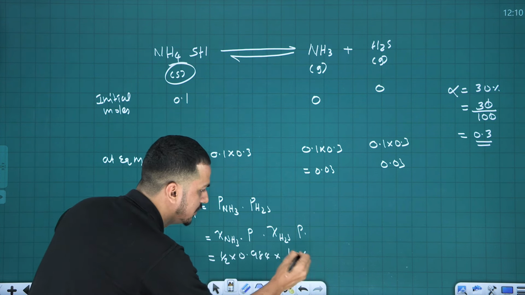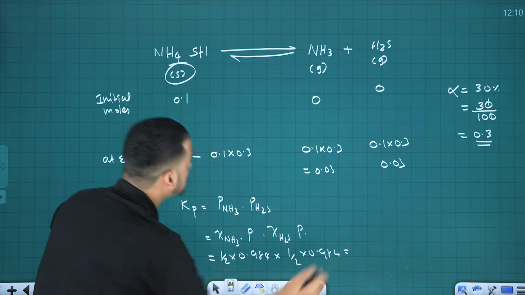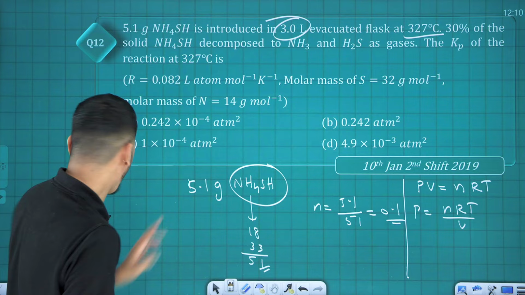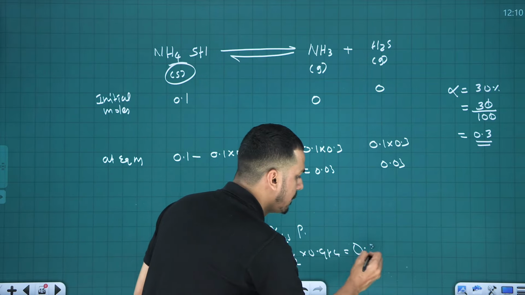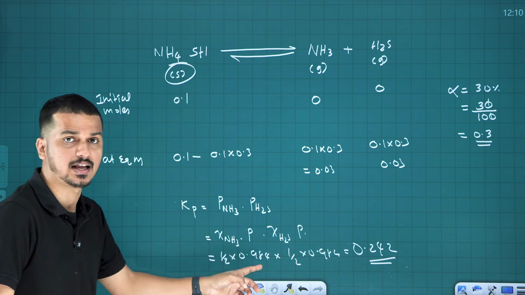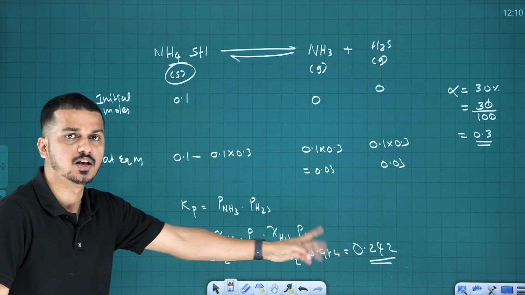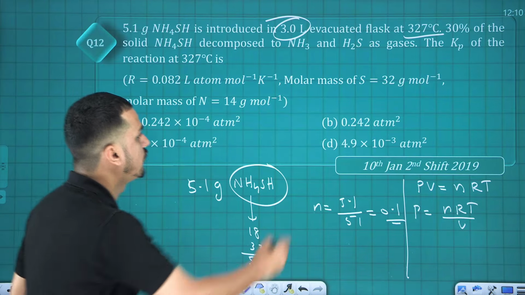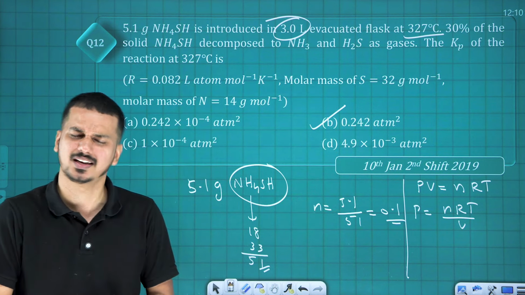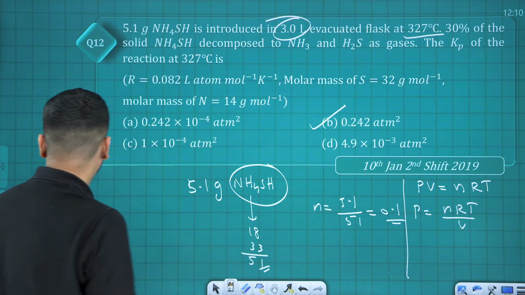So 1 by 2 into 0.984, into 1 by 2 into 0.984. Once you solve, you will get 0.242 atm squared. Option B is the correct answer. Guys, you got it? Yeah, that's it. So we can move to the next question.